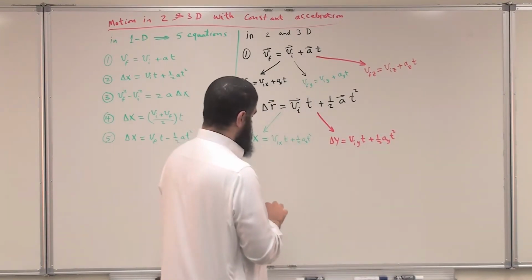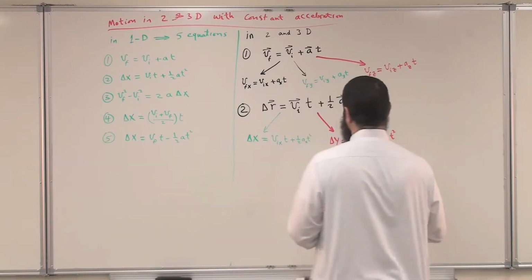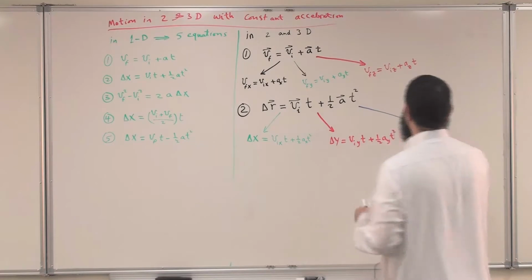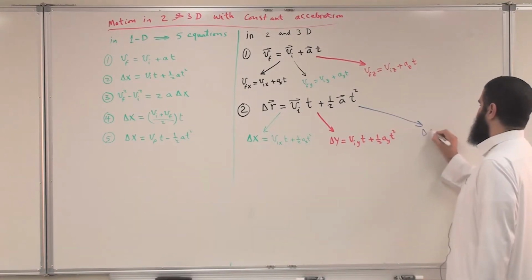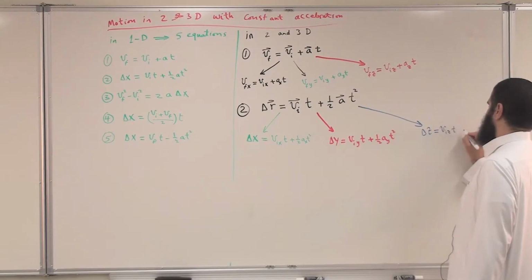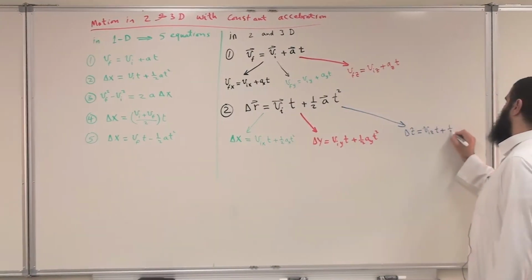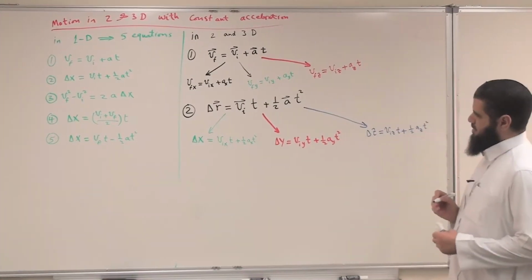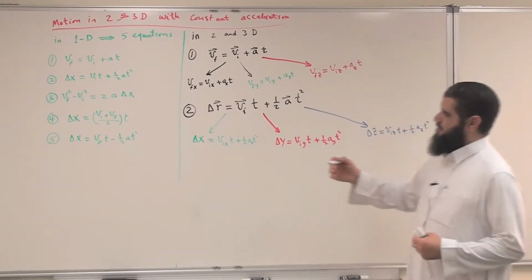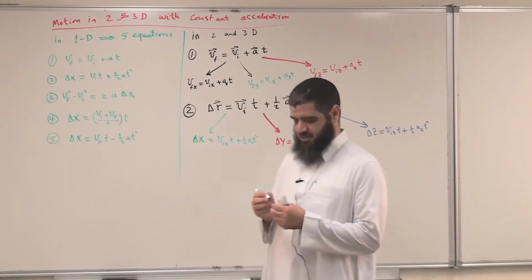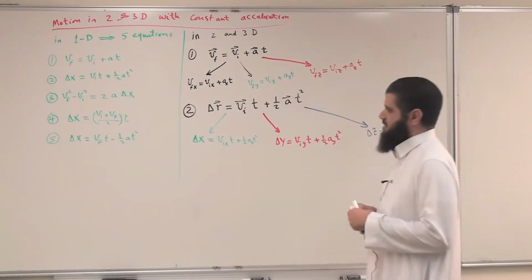And the third component I can write as follows: delta z equals v initial z multiplied by time plus 1/2 az t square. And we can say the same for equation number 3, equation number 4, and equation number 5.